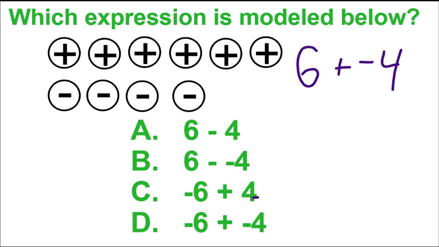But we can tell right here, C and D aren't it. They've got negatives for the 6. That's not going to be the same thing then, is it? So what we have to do is change the subtraction to addition. We do same, change, change, right? Same, change, change.